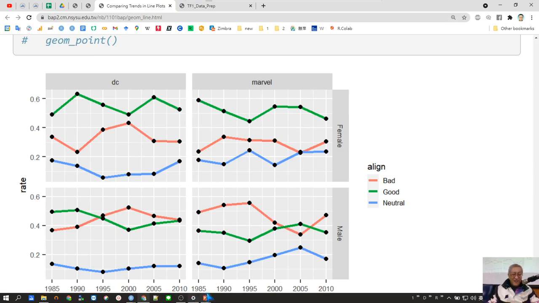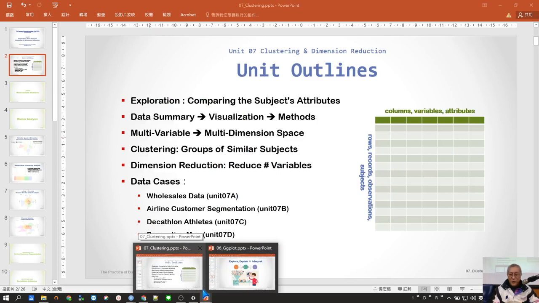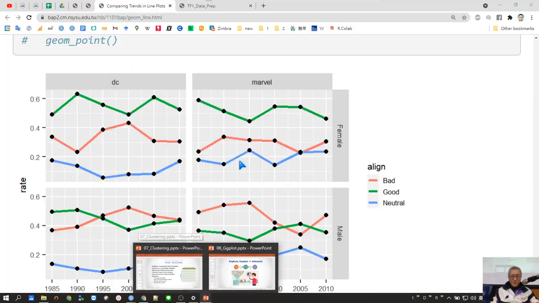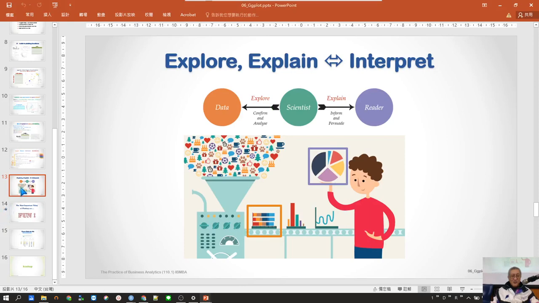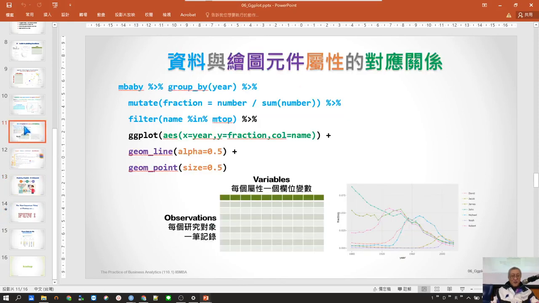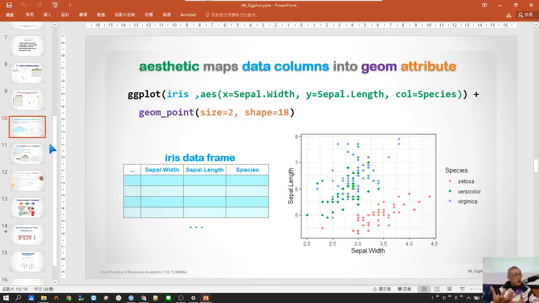So let's have a short conclusion about ggplot. In one sentence, the purpose of ggplot is to map data frame columns into geom attributes.